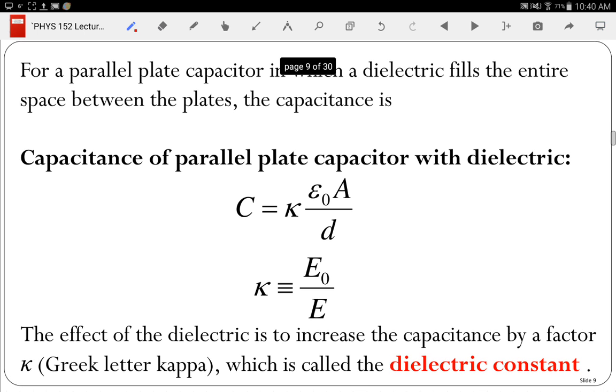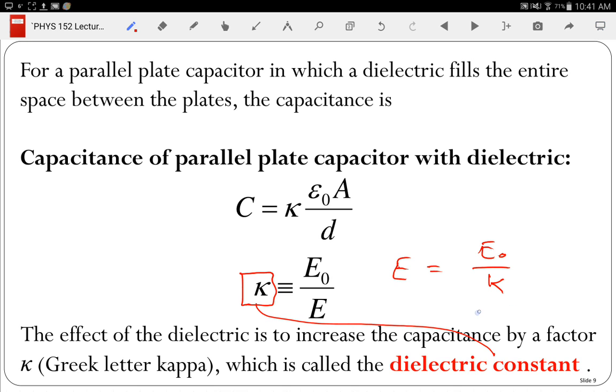So the dielectrics have what we call a dielectric constant, kappa. That kappa tells us the ratio between the electric field that would have been present and the electric field that's actually there when you have the dielectric in place. So the electric field that's actually between the plates is equal to the electric field you would have had without the dielectric, divided by the dielectric constant.